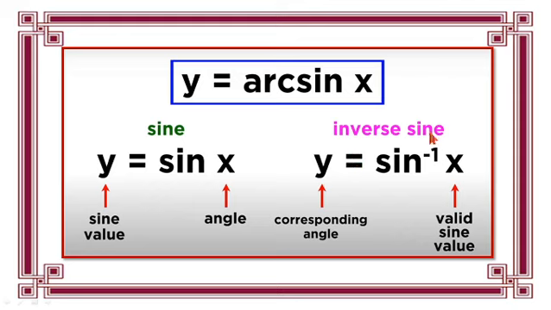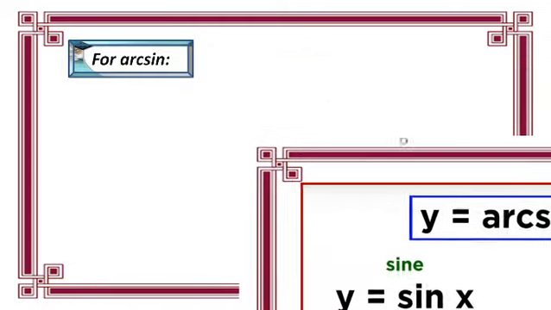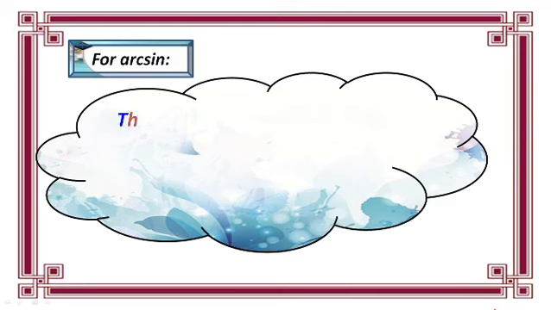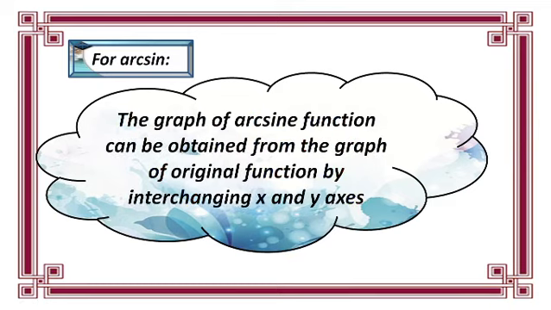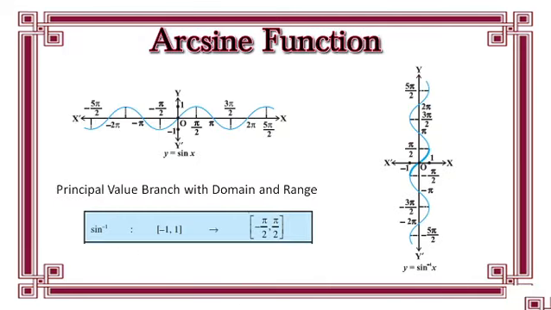In the same way, in the inverse sine function, y is the corresponding angle and x is the valid sine value. So for arcsin or sine inverse x, one more time, the graph of the arcsine function can be obtained from the graph of the original function by interchanging the x and y axes.